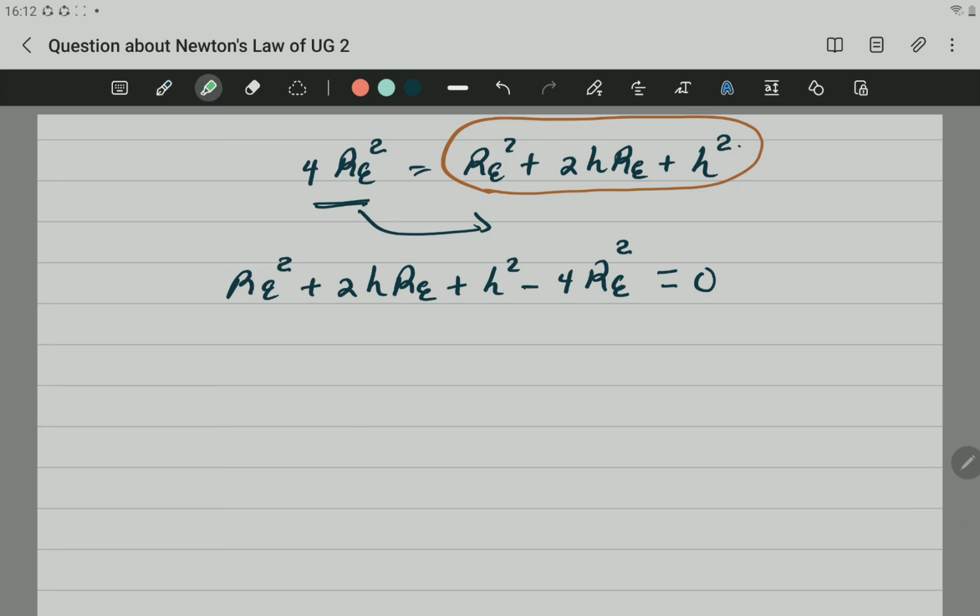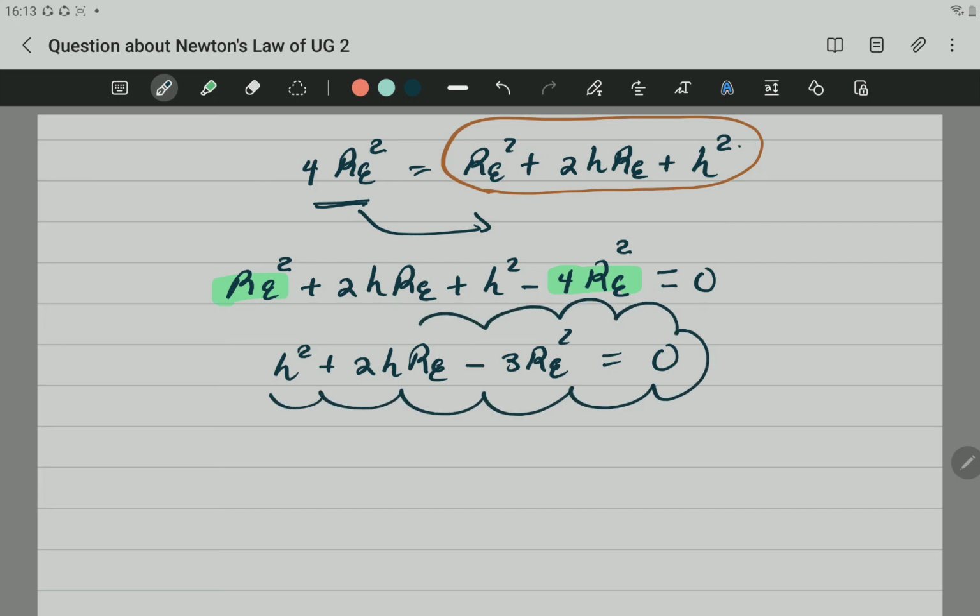This is common factor with this one, so we can sort it out, and we will have, if we arrange as well, h to the power 2 plus 2h re minus 3re square is equal to 0. And we can factorize this one. We can factorize it right now.